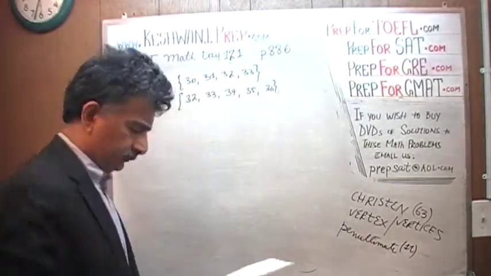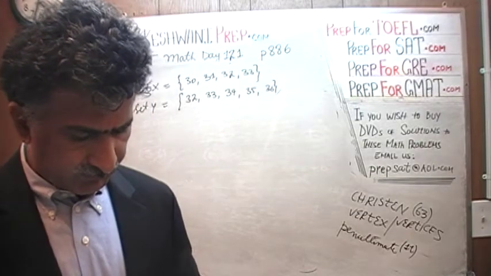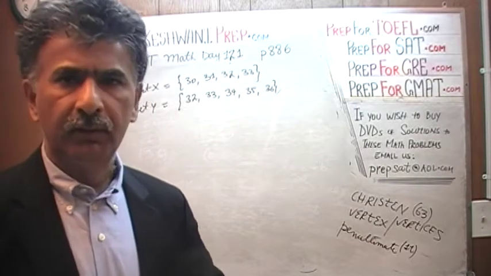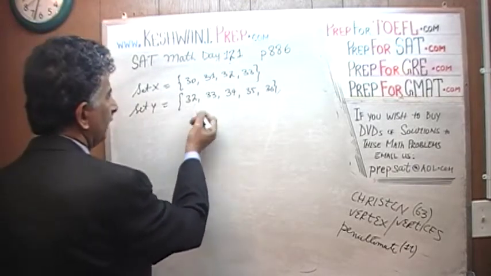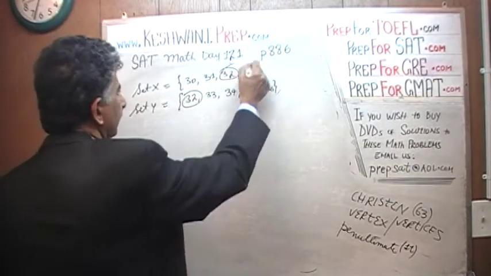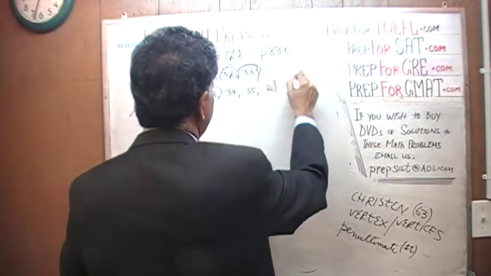Let's see what they're asking for. Set x and y are shown above. How many numbers in set x are also in set y? Oh, for crying out loud. This is too simple. How many numbers that you see in set x are also in y? I see 32 and I see 33. There are only 2 of them. The answer is A.